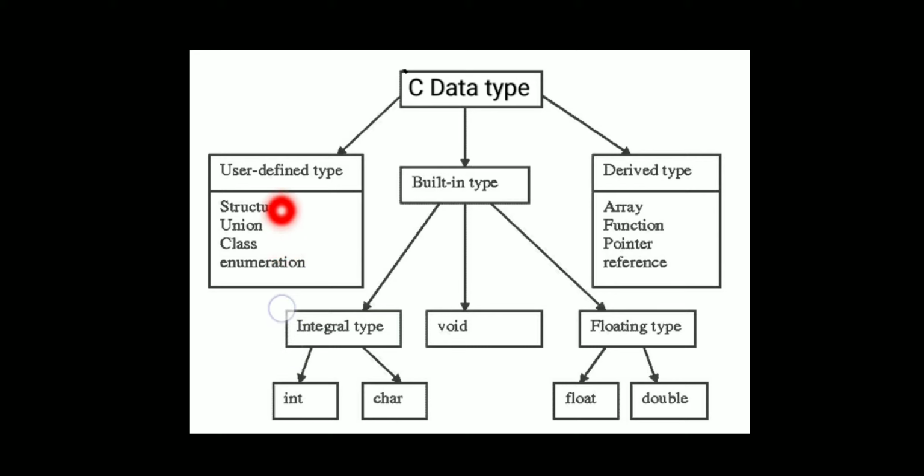For your syllabus, only classes, union, structures are there. And in the derived data type section, arrays, functions, pointers, and reference are there. For your syllabus, arrays, functions, and pointers are there. You can discuss in upcoming classes. These are the classifications of C data types.